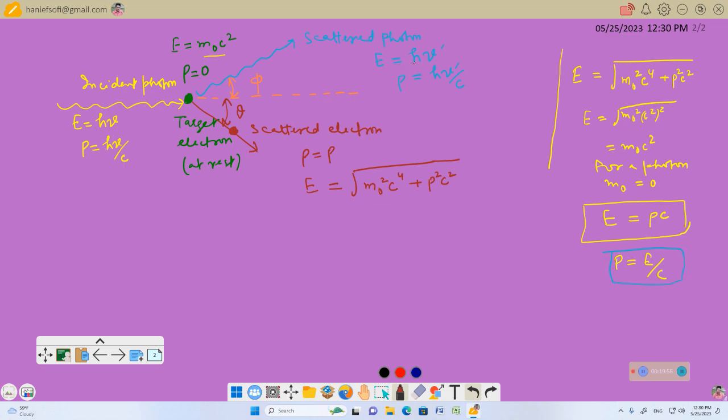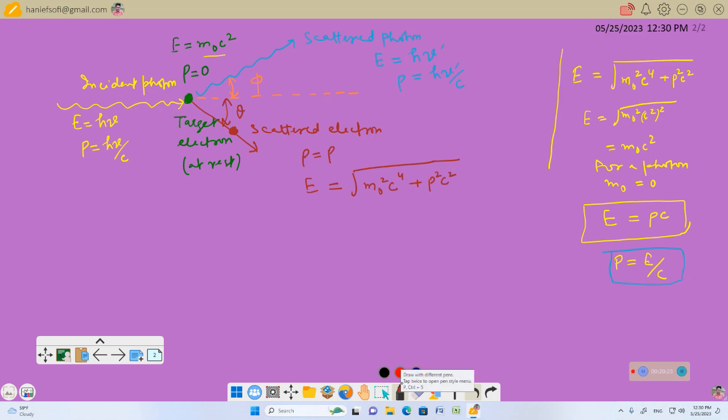Its energy is h nu prime, its momentum changes to h nu prime by c, and the electron gets scattered. It is moving, it has a momentum p, and its total energy is now square root of m naught square c raised to power 4 plus p square c square, and it is scattered in a direction which makes angle theta with the photon's incident direction.